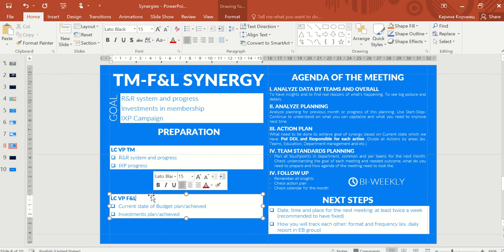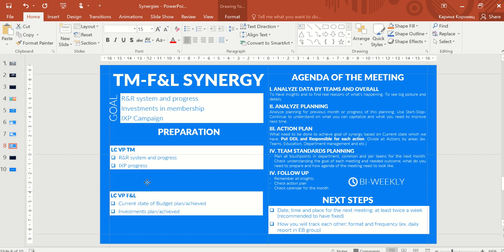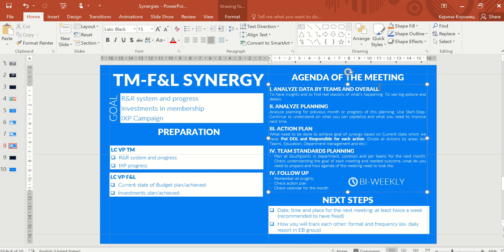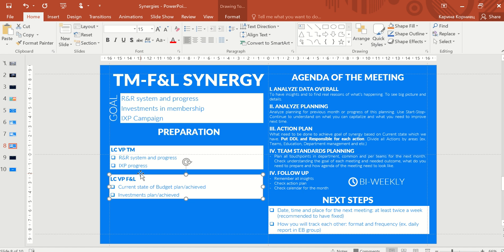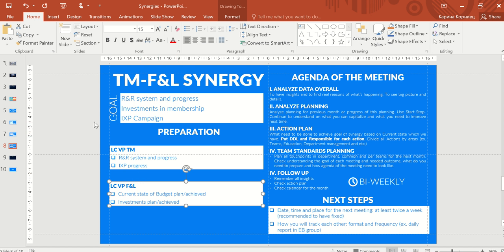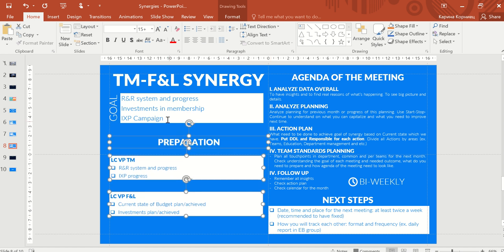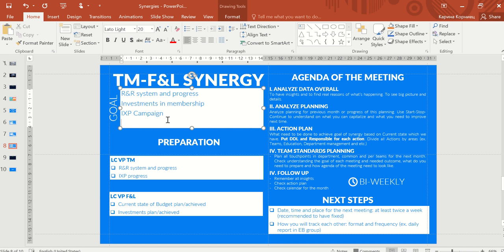Do we need to put something else for finance? For now, I wouldn't say anything else. Conferences are part of finance and TM too, right? Yeah, it's true. If you are supporting members to go and know that most of the others are doing it, it should be here as well.